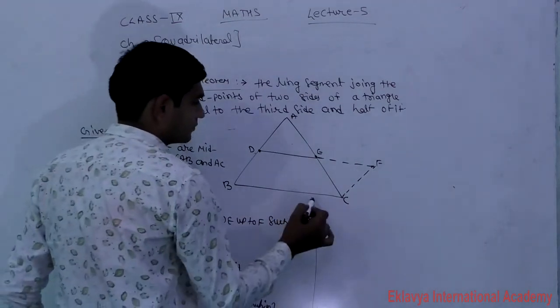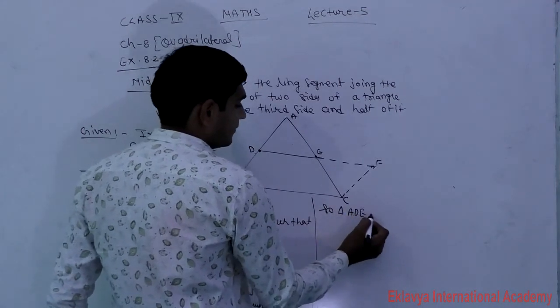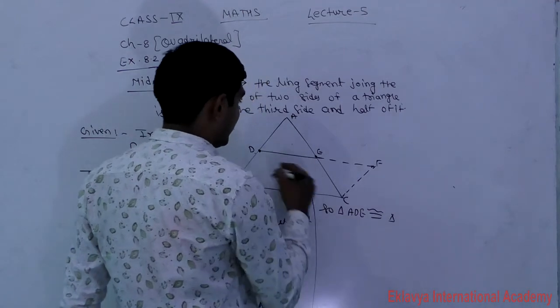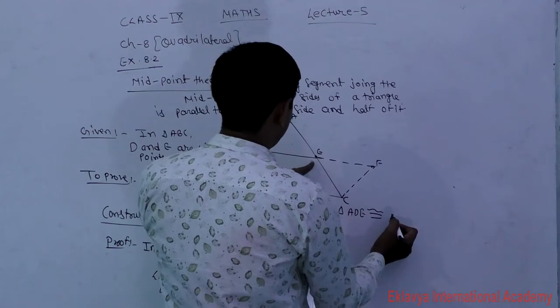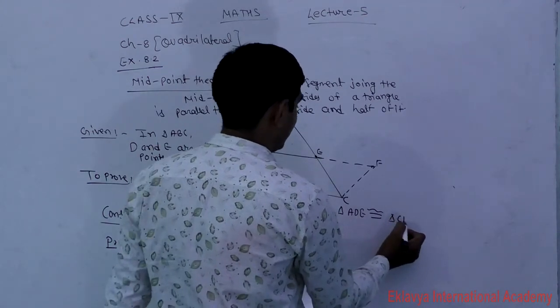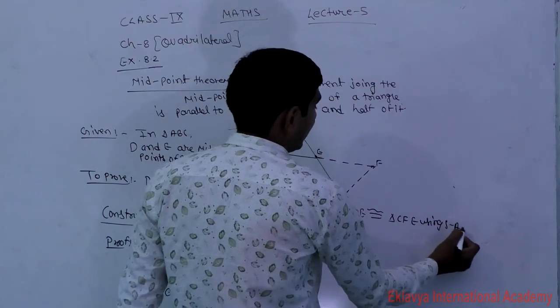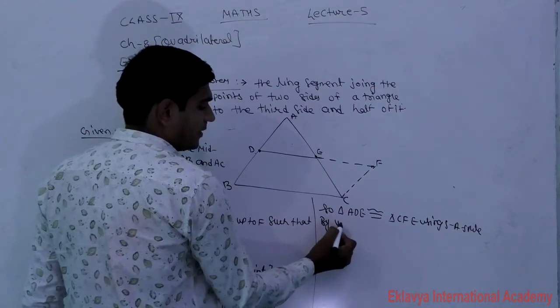So triangle ADE is congruent with triangle CFE using which rule? SAS rule.